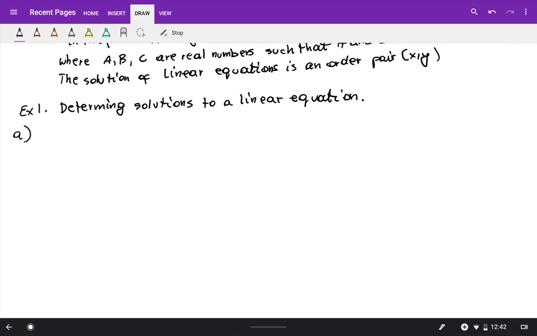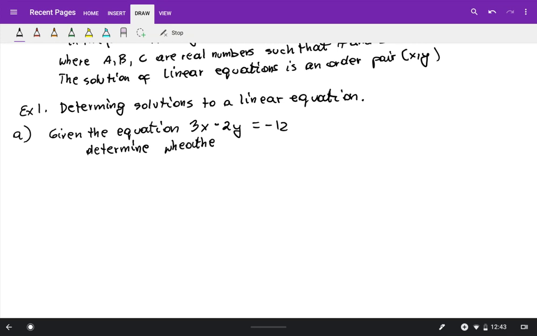Let's start with A. Given the equation 3x minus 2y equals negative 12, we have to determine whether the given ordered pair is a solution.